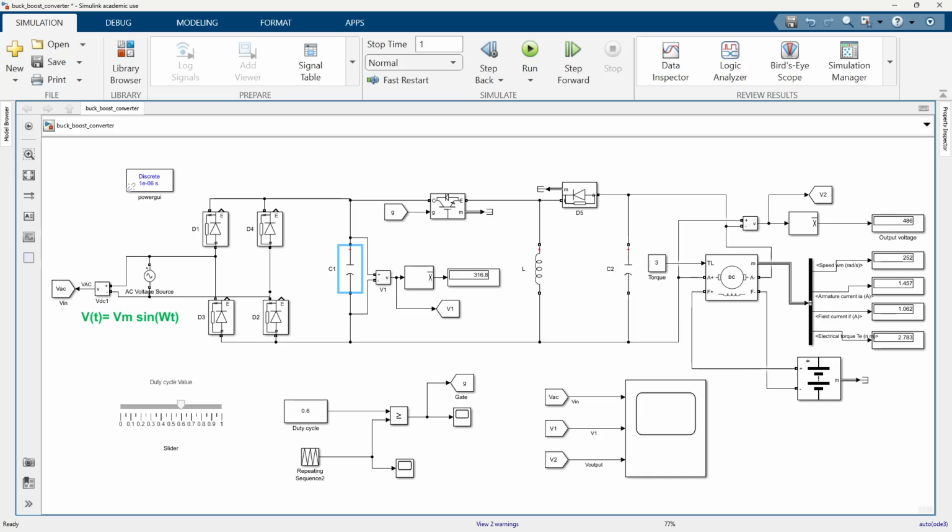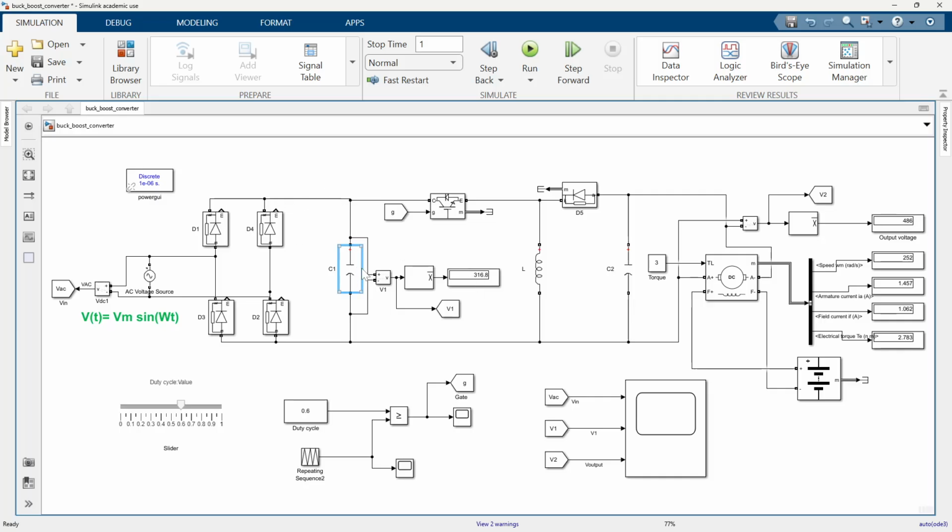To smooth the voltage from the rectifier, this DC-link capacitor of 1000 microfarad is connected across the rectifier output. On the DC-link voltage waveform V1, we observe a startup transient followed by a steady voltage of around 316 volt, which varies.